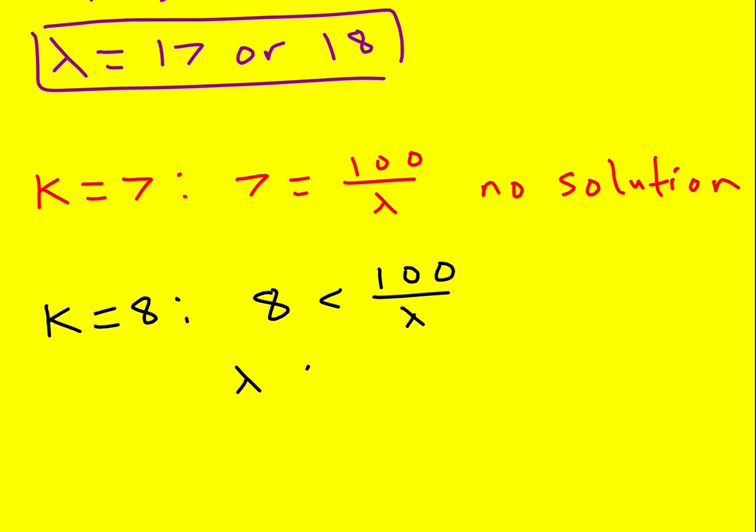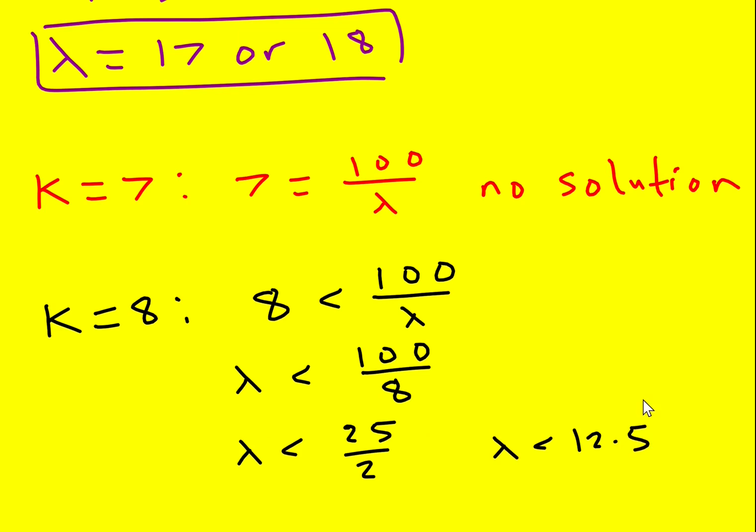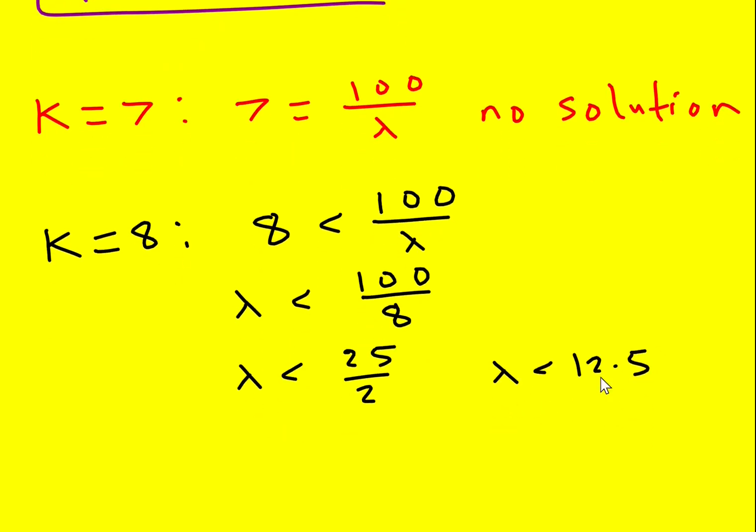So lambda is less than 100 over 8, which if I divide top and bottom by 4 will be 25 over 2, 12.5. So remember, lambda has to be a positive constant, so that's going to leave us with 0 less than or equal to lambda less than or equal to 12.